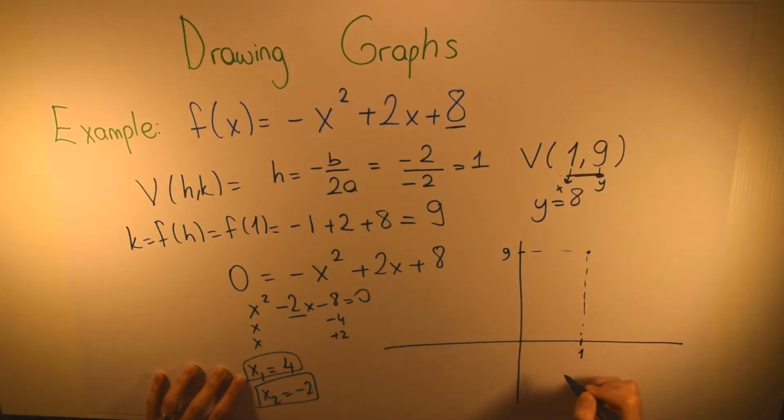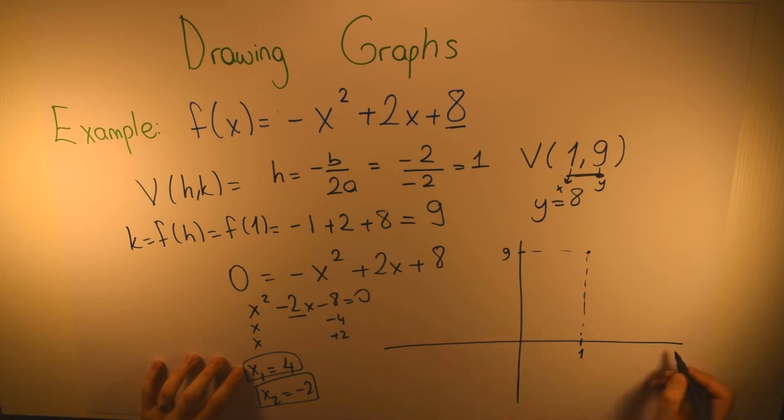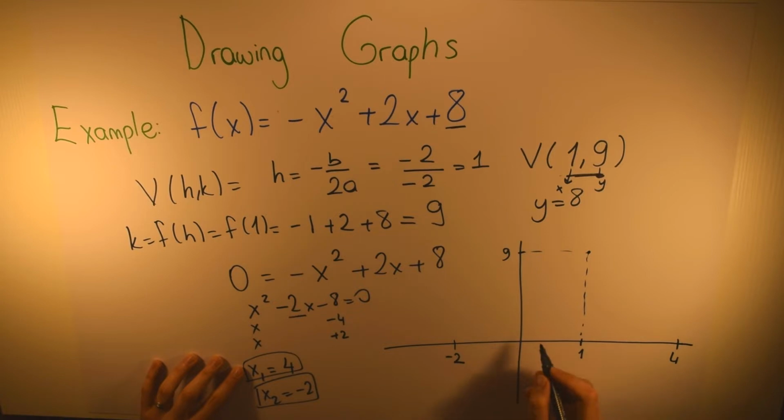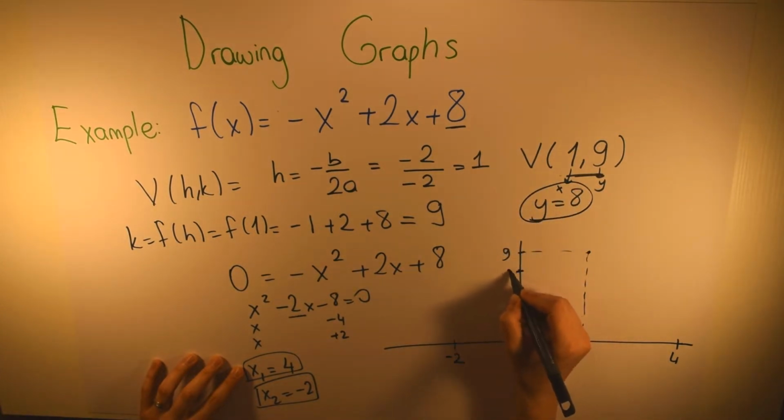So this is our vertex point. And then our x-intercepts, these are 4 and -2. So I put 4 here and -2, let's say somewhere here, okay? So these are our roots. And also we have our value of y, here it's 8, okay?